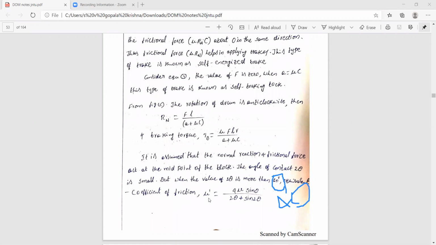It has a relation with mu: mu dash equals 4 mu sine theta by 2 theta plus sine 2 theta. When you substitute the value of theta, say theta equals 90 or whatever it may be, you can replace mu with mu dash.